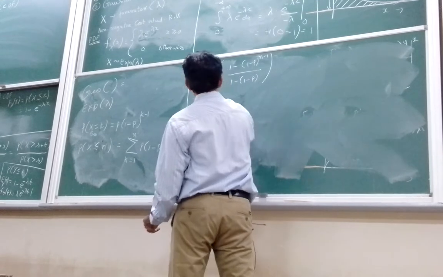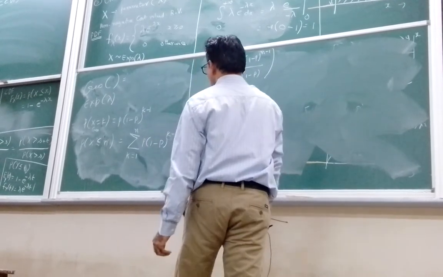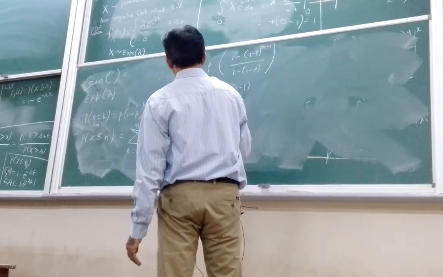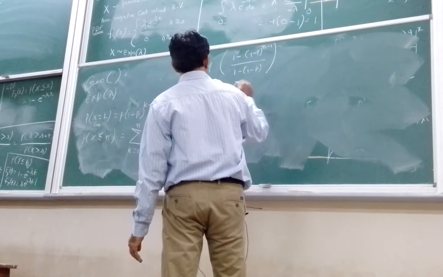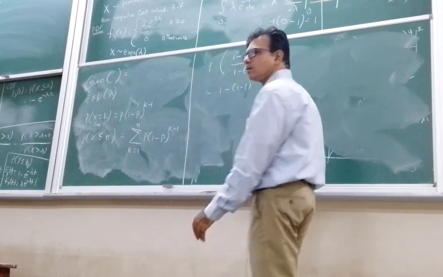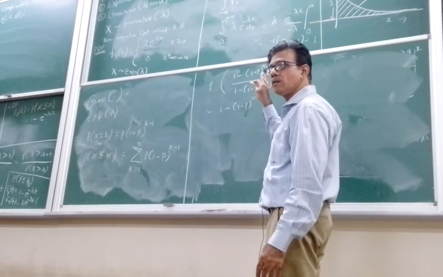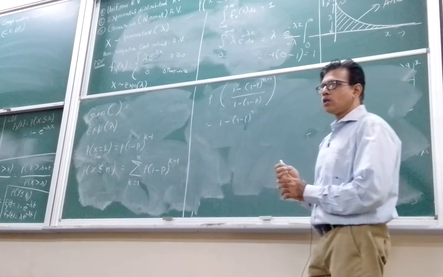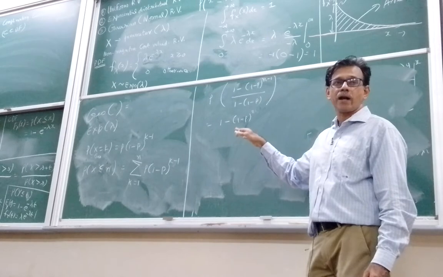So this and this goes away, leaving 1 minus of 1 minus p power n. For a very large n, the exact exponent is not going to matter. So this is how the CDF of a geometric random variable looks like.